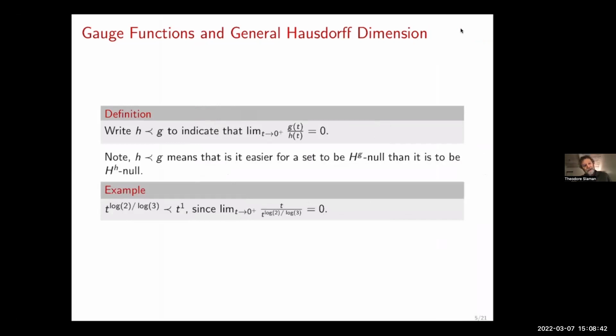Okay, now gauge functions are naturally ordered. So which one is less than the other? We're going to write h is less than g to indicate that the limit as t goes to 0 of g of t over h of t is equal to 0.